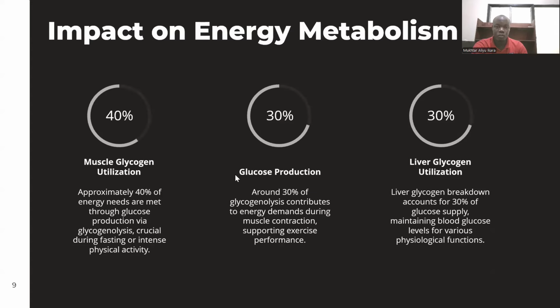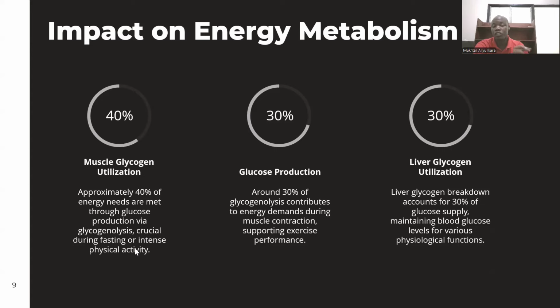So what is the impact on energy metabolism? Muscle glycogen utilization: approximately 40% of energy needs are met through glucose production via glycogenolysis, which is crucial during fasting or intense physical exercise in the muscles.